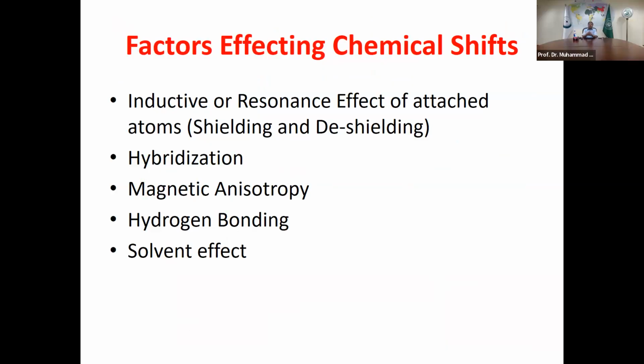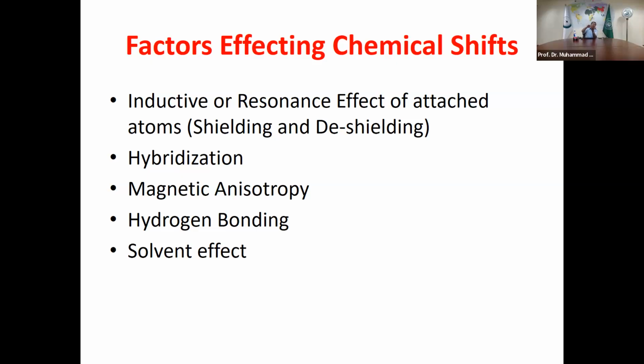For instance, in case of halogens, fluorine is the most electronegative one, so it is going to de-shield more prominently than chlorine, and then bromine, and then iodine. If you have fluorine, it's going to be most de-shielded. With chlorine, it's relatively less de-shielded.